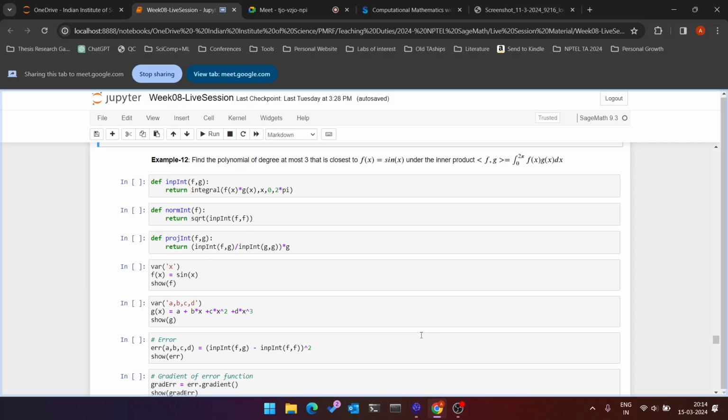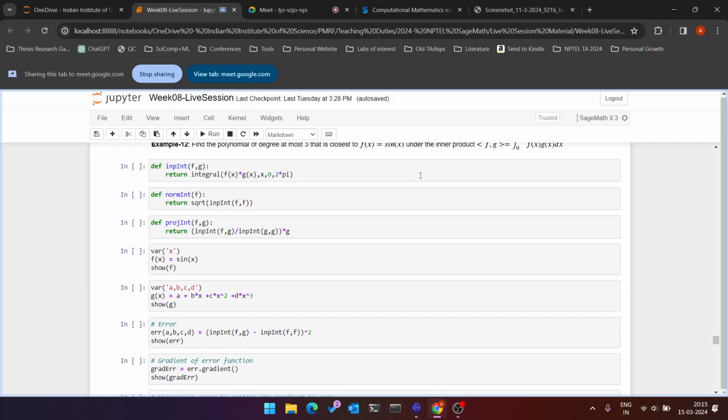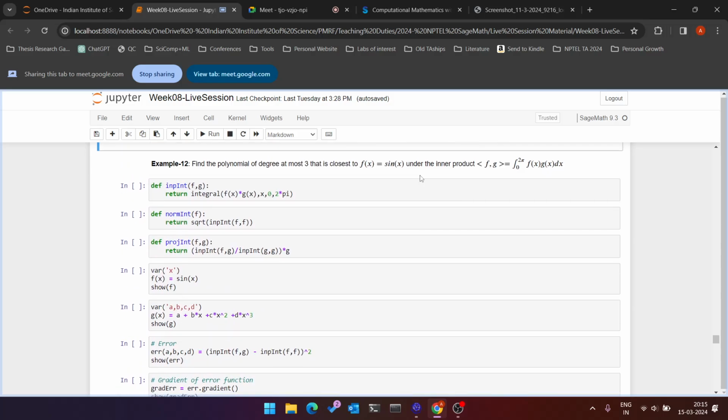That could be the way to define closeness. The inner product of f with respect to itself is, by definition, closest to itself, but we have been restricted to find another function g as a cubic polynomial of x. So let us see how to do that.